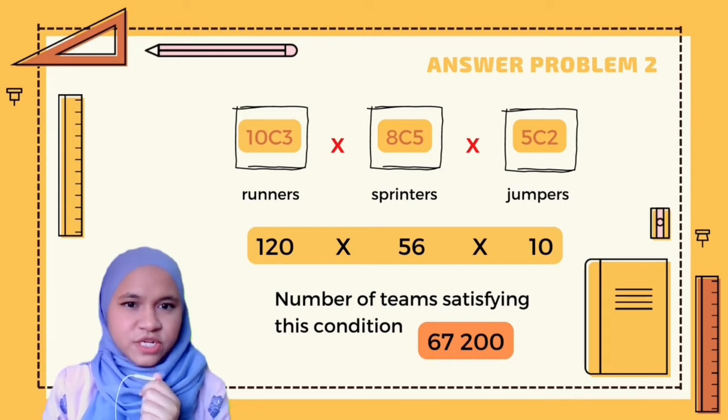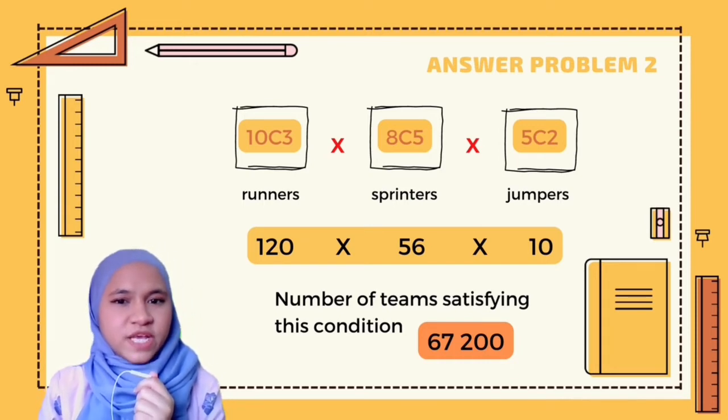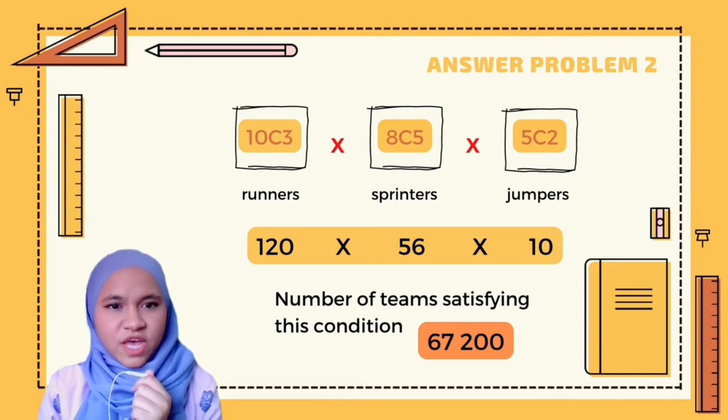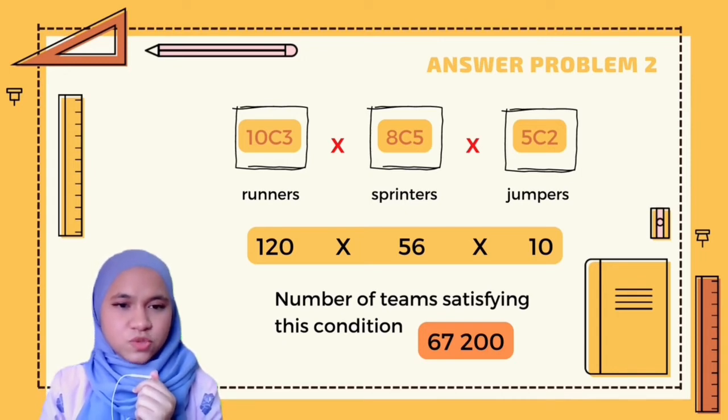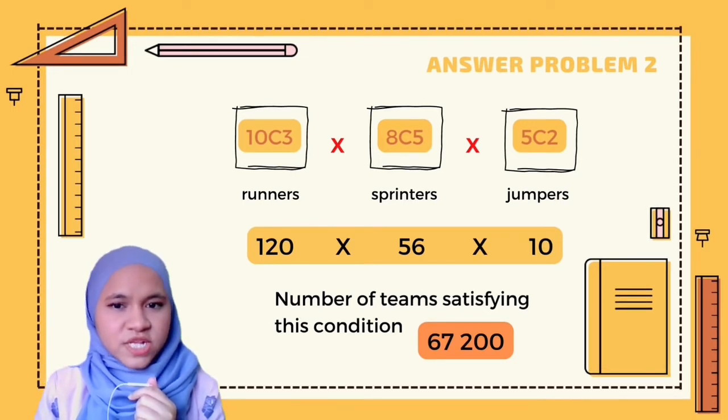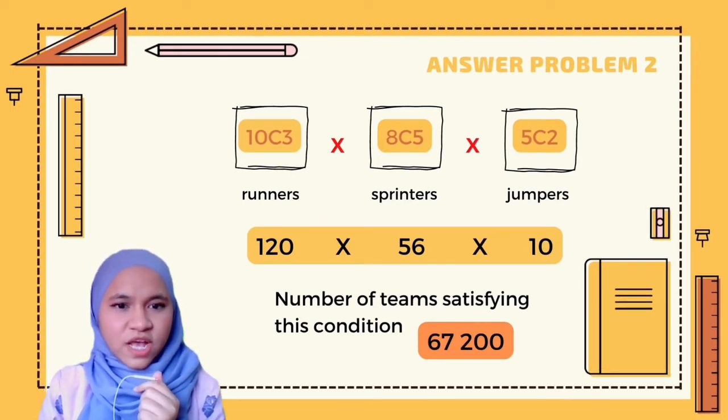Now, for the sprinters, we're going to select 5 from the 8 sprinters, and that will be combination of 8 taken 5. And for the jumpers, we need to select 2 jumpers from the 5 jumpers, and that's combination of 5 taken 2. Then, using your scientific calculator, multiply 10C3, 8C5, and 5C2. So, we will get 67,200 teams satisfying this condition.